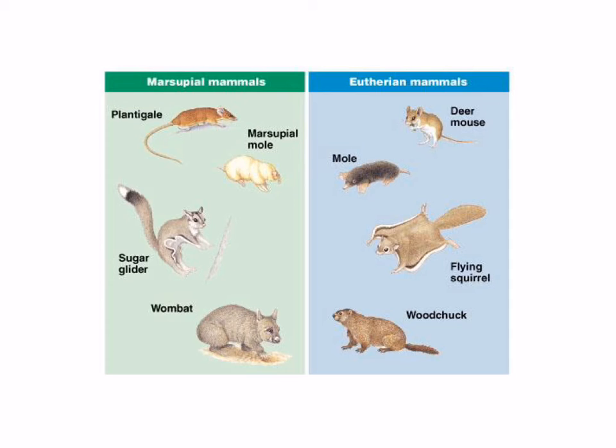We see a mole and a marsupial mole. We see a flying squirrel and a sugar glider, very similar form, and a wombat and a woodchuck. So these are all animals that look similar and have similar functions in what their body's doing, but they're actually not related at all. These guys are distantly related.